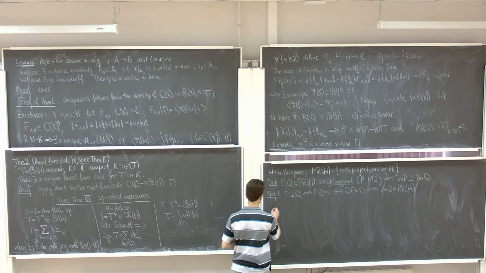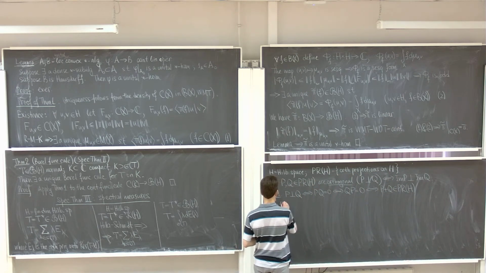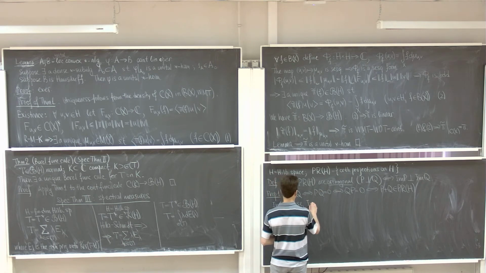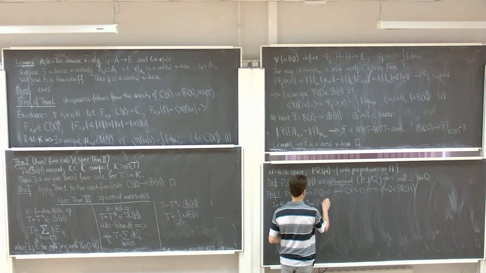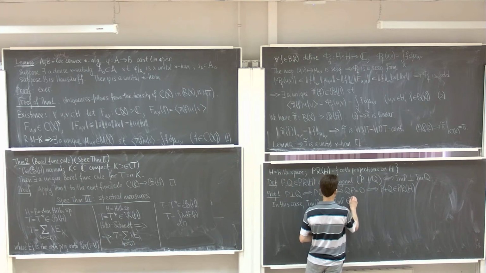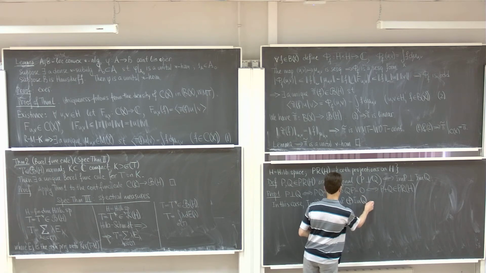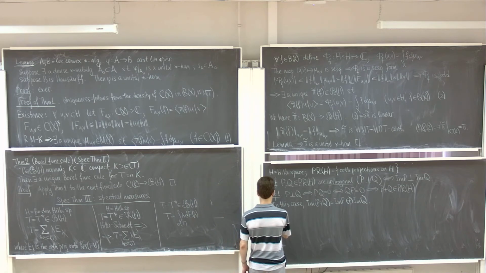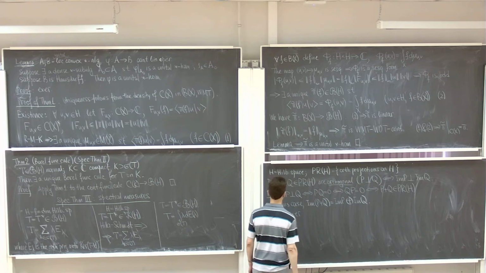And in this case, the image of P plus Q is the orthogonal direct sum of the images of P and Q. The proof is a simple algebraic exercise for you.